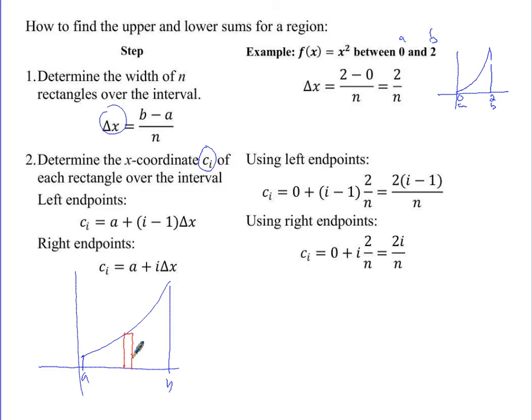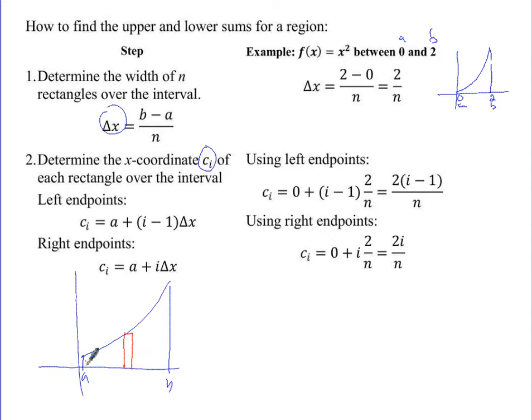What was that? The ith rectangle. That's right. Okay? I don't know what rectangle it is. You were just guessing. When you don't know something, it's a variable. The only variable we have here is I. Ith rectangle. This would be the first rectangle all the way over here, but I don't know how wide they are, right? I'm just representing a rectangle here. It could be that wide, but it could be incredibly skinny to the point where I could never draw it. Okay? This is the ith rectangle.